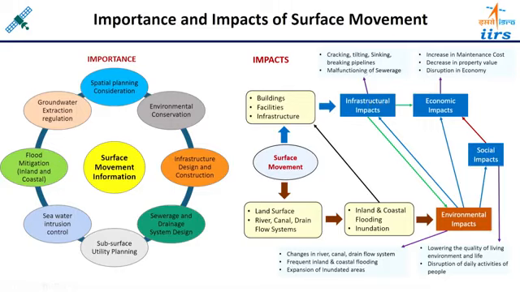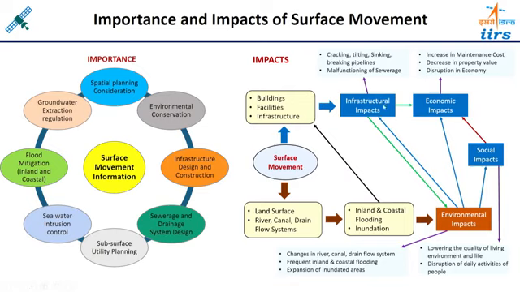If infrastructure is getting impacted, it means infrastructure is associated with money, or you can say the economy. So in other words, it has economic impacts also, like an increase in the maintenance cost of facilities or buildings, sewerage systems or pipeline networks, or a decrease in property value.